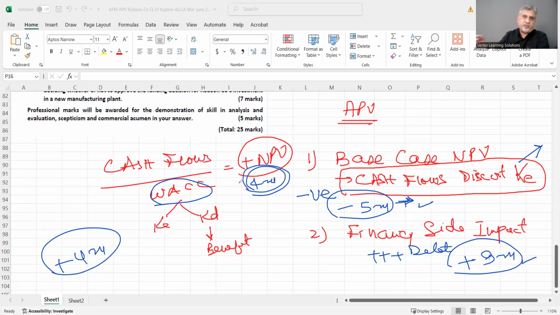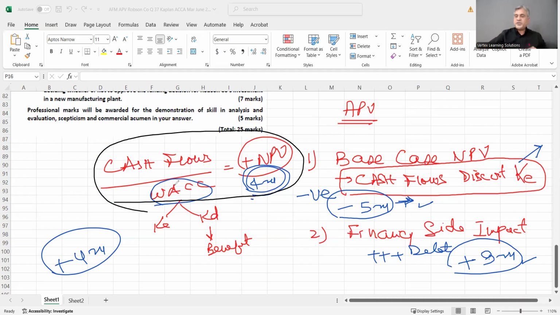I'm doing the project, for example. Now, the project looks good, 4 million. If I had done only this part, without the APV thing, only NPV, the project gave me 4 million positive NPV. Let's do it. That's a good project.